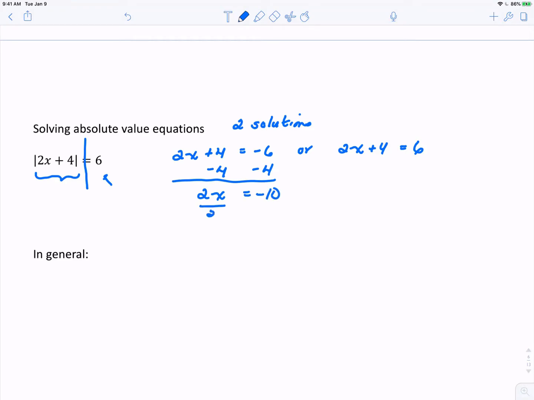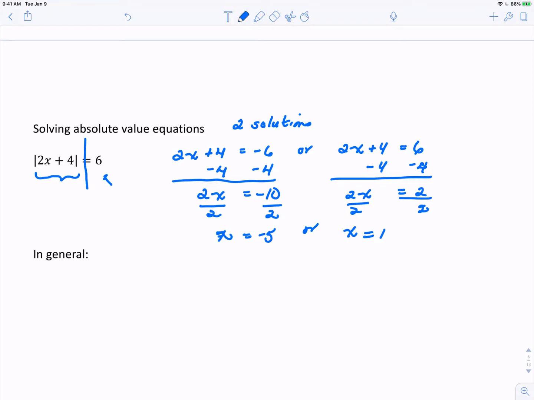and dividing by 2. So our first solution is x is equal to -5, or our second solution, which we're going to get in exactly the same way, x is equal to 1. So I'm going to write down the steps that we followed for that process.